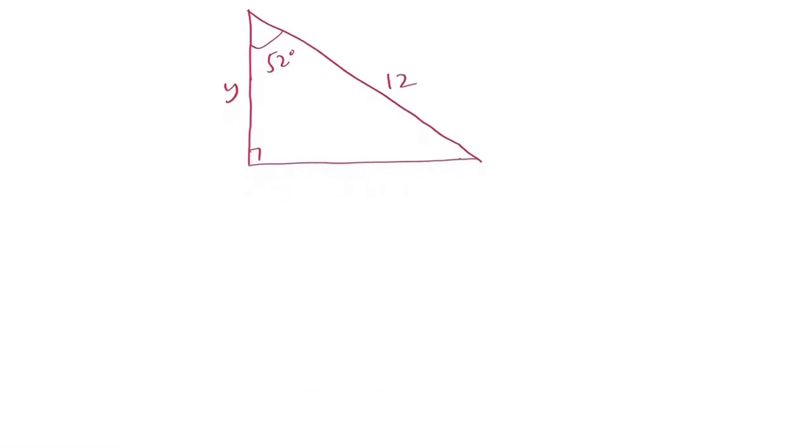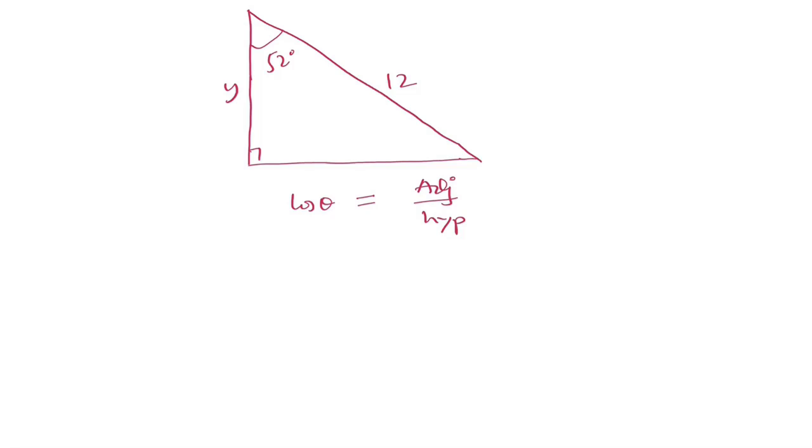Okay, so next, let us recall the cosine formula in order to find the height. The formula says cos theta equals adjacent side over hypotenuse side. Okay, so being given theta equals 52 degrees, adjacent side is y, and hypotenuse side is 12.